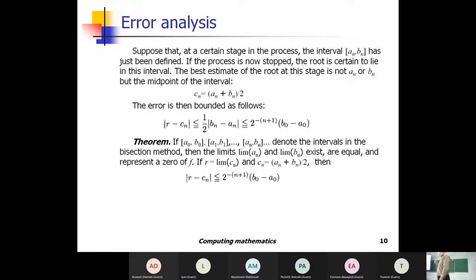If R is a real root and Cn is the middle point of interval number n, then the absolute value of R minus Cn is smaller or equal to 2 power minus n plus 1 times b0 minus a0.